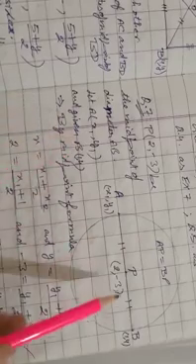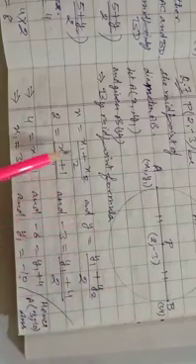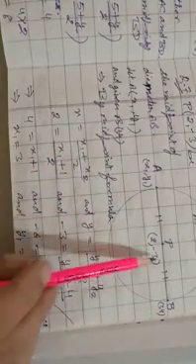Now let A be (x1, y1) and B (1, 4). By midpoint formula, x equals x1 plus x2 upon 2, y equals y1 plus y2 upon 2. Now the value of x is 2 equals x1 plus 1 upon 2 and the value of y is -3 equals y1 plus 4 upon 2.